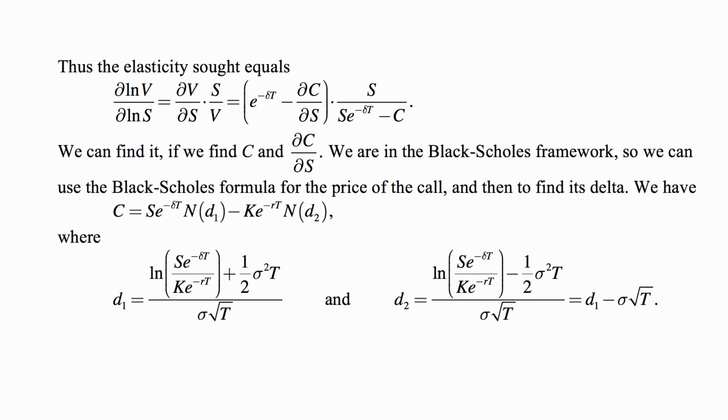So the elasticity that we are looking for is delta of V times S over V, and V is S e to the minus delta t minus C. Because the delta of V is expressed in terms of delta of C, if we find all this data from what we know about C, we should be able to plug it in and get the answer.